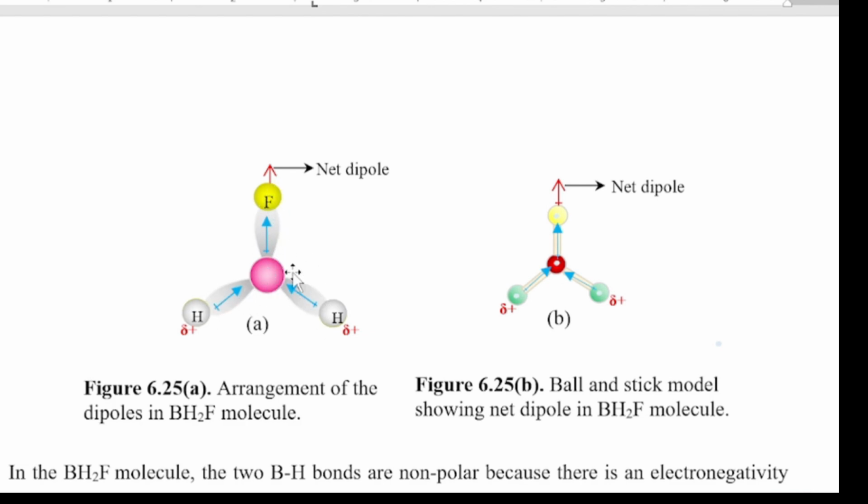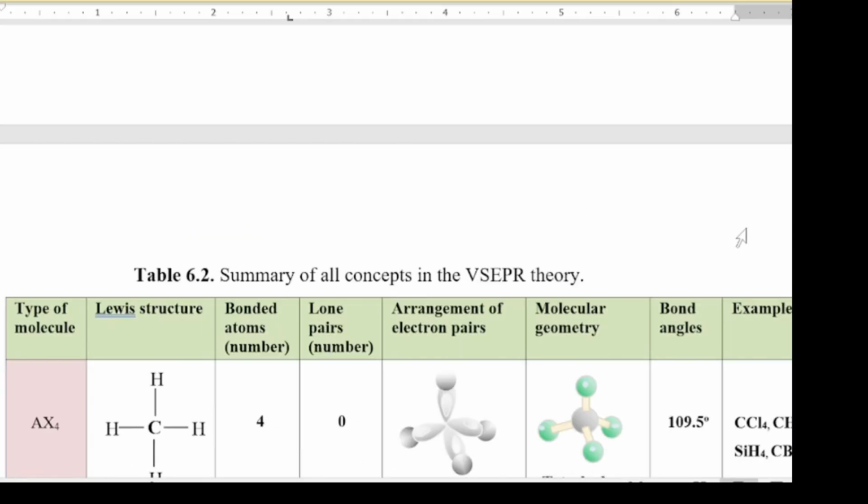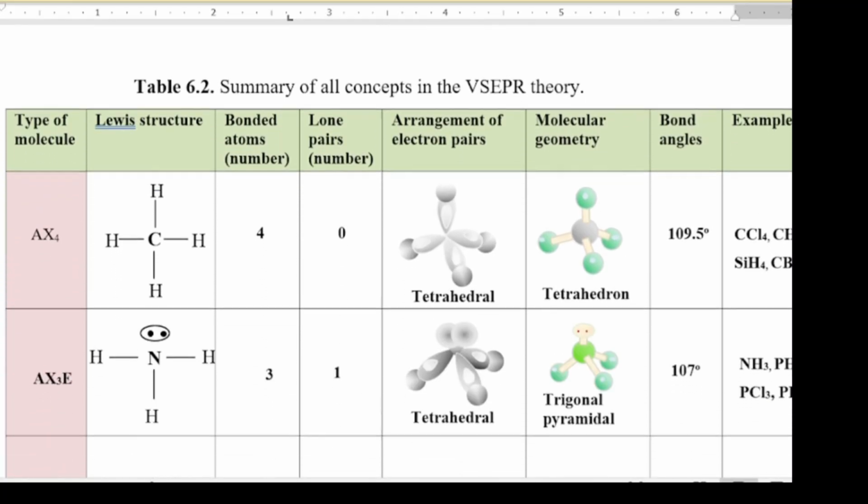The central atom will move in that direction, and your net dipole is going to be in that direction. The molecule will be polar. These ends here are losing electron cloud. That end is gaining electron cloud. That part becomes slightly negative, and this part becomes slightly positive. So, polar molecule.